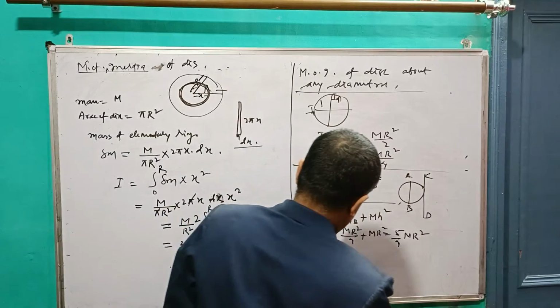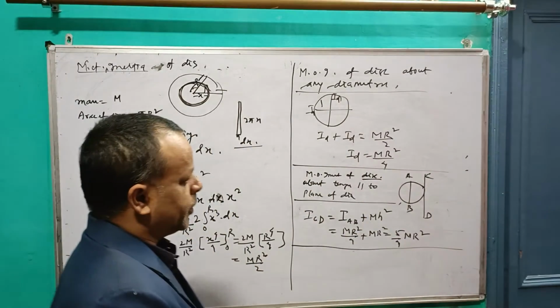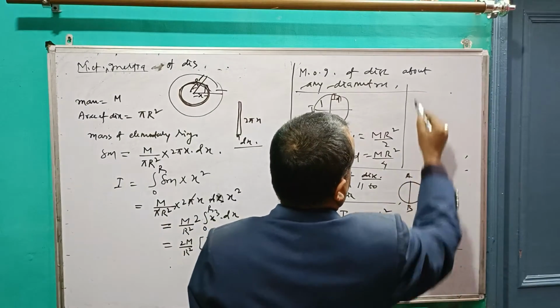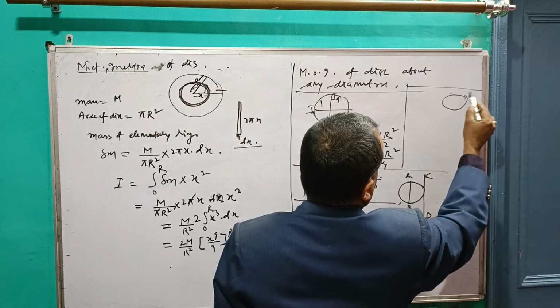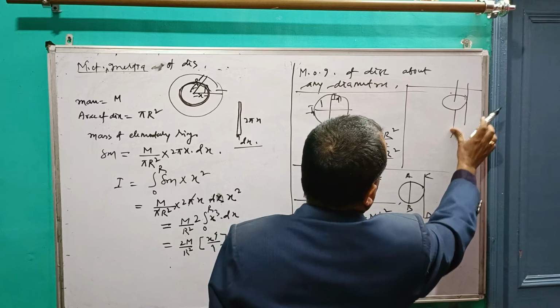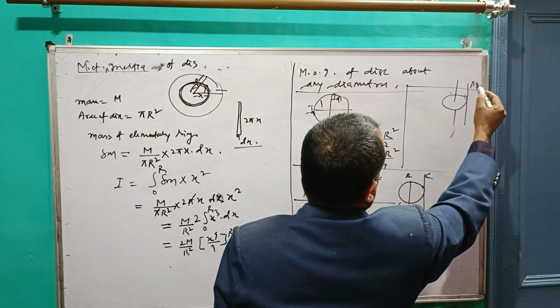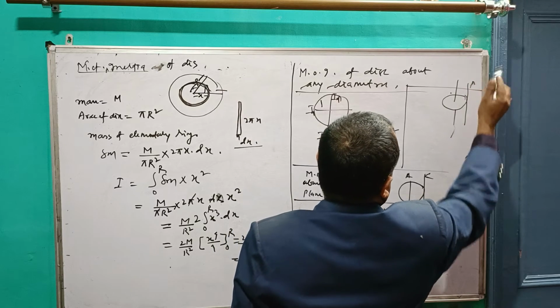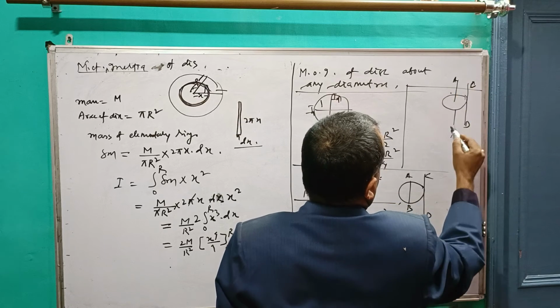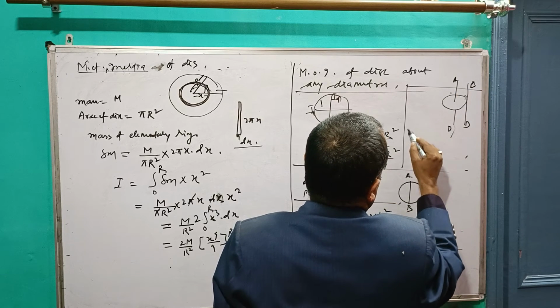Now what we can go for is the moment of inertia about a tangent perpendicular to the plane of disk. This is our CD, this is our AB.